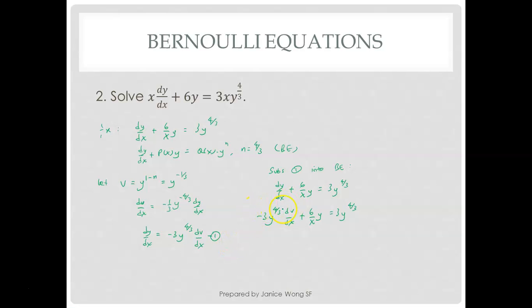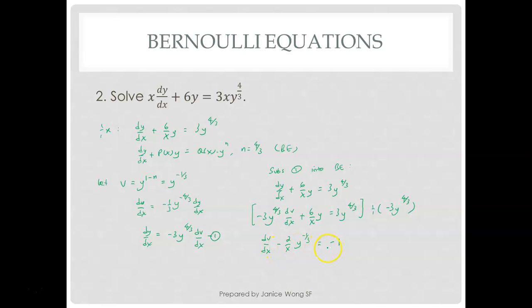Then we try to make dv over dx alone. For the whole differential equation, we divide by negative 3y to the power of 4 over 3 for all the terms. The first term will be dv over dx minus 2 over x y to the power of negative 1 over 3 equals negative 1.